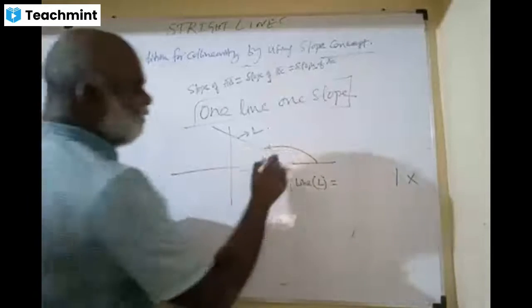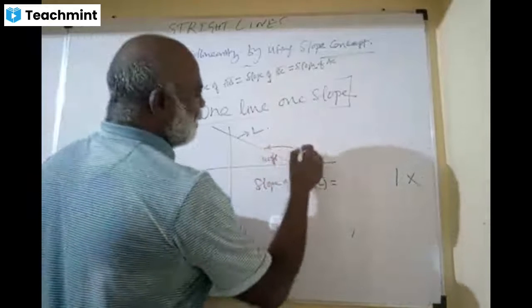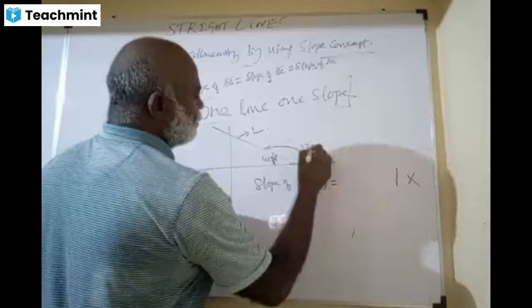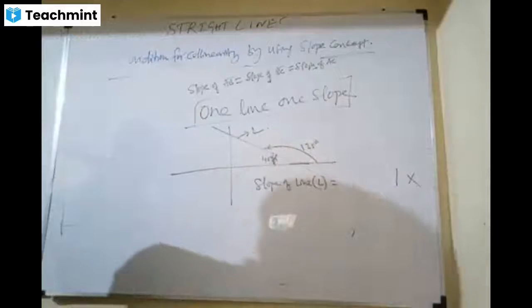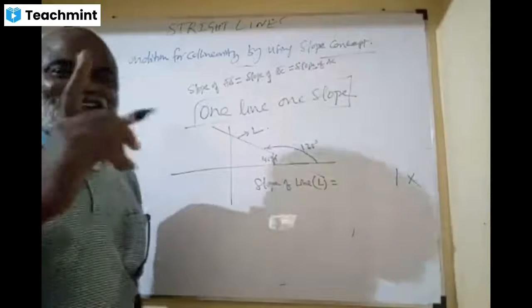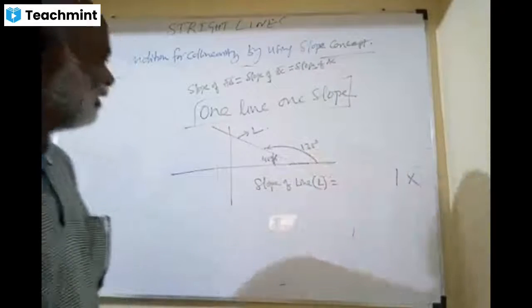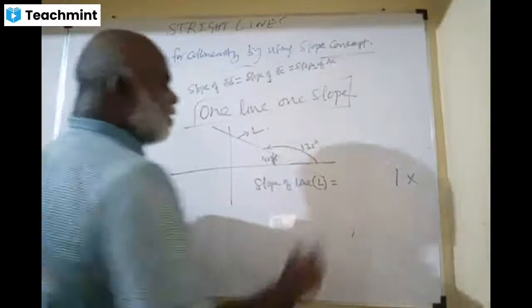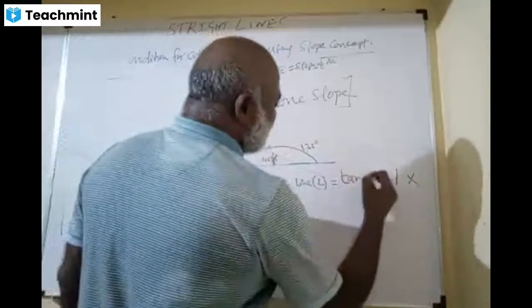If this is 45, what is this angle? Yes, sir, so it is tan of 135 degrees.